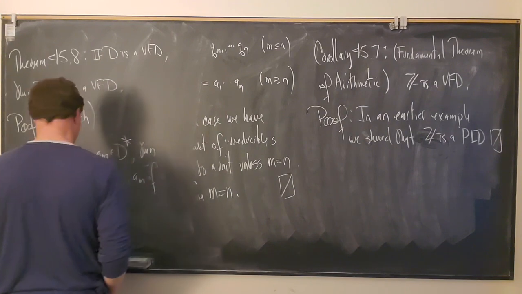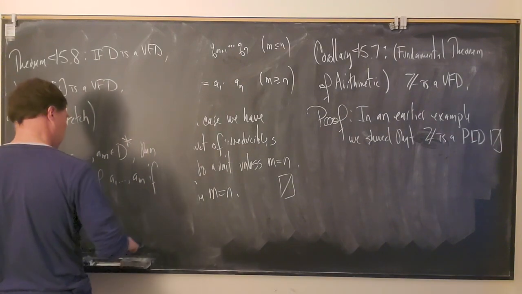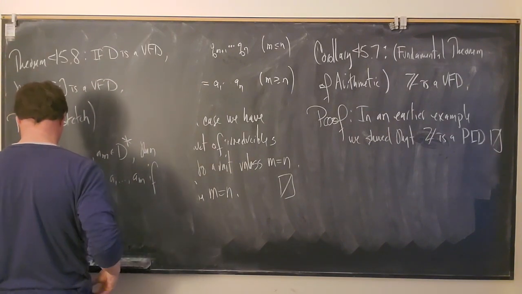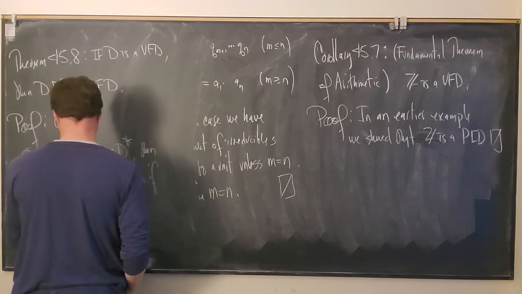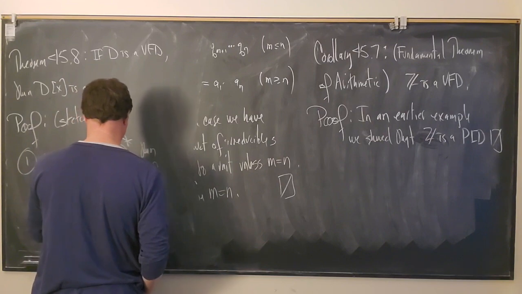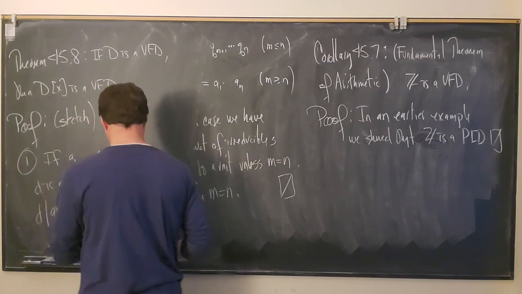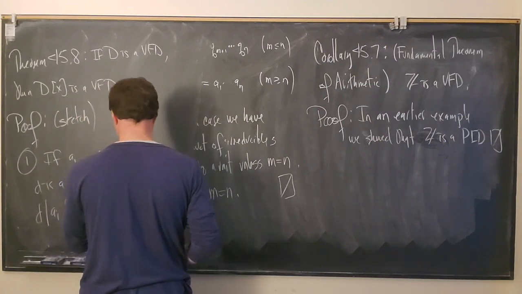If D divides a_i for each 1 less than or equal to i less than or equal to n, or m, obviously. So D needs to divide each one.